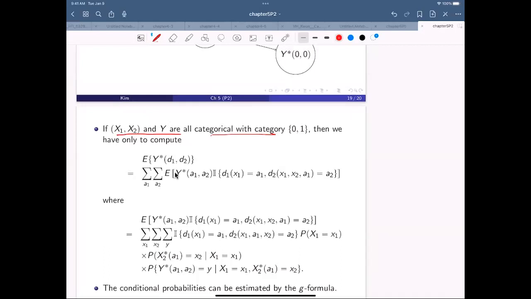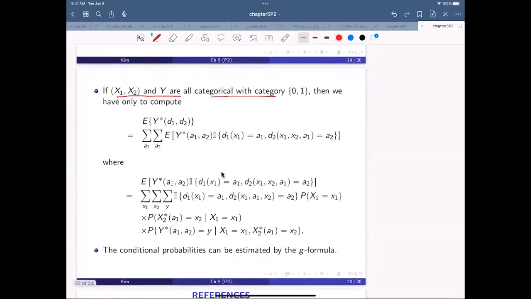But the actual computation of the expectation for categorical Y can be written as a summation, right? And in this summation, you can see that you are doing sequentially conditional expectations. So this is a marginal probability of X1, and then conditional probability, and this conditional probability, right?